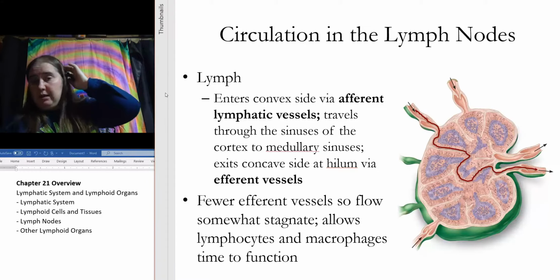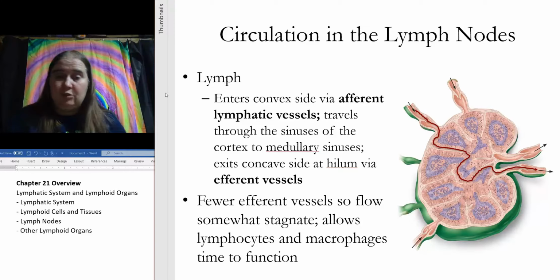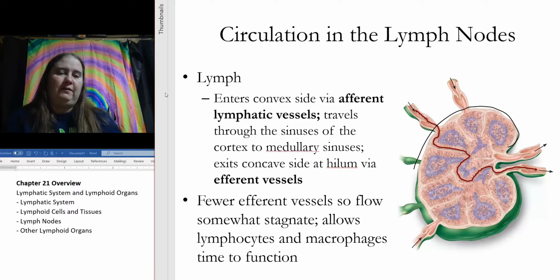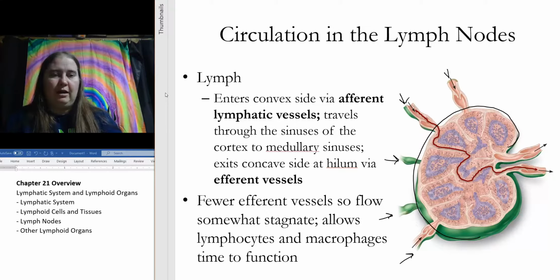Now, there's a unique design to lymph nodes. If you look at how a lymph node is built, you're going to see that you have this very large convex portion to it, and a lot of afferent tubes coming into this convex structure.